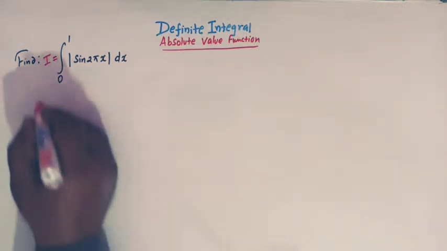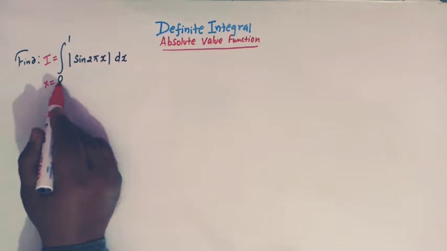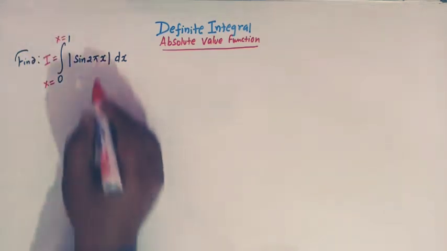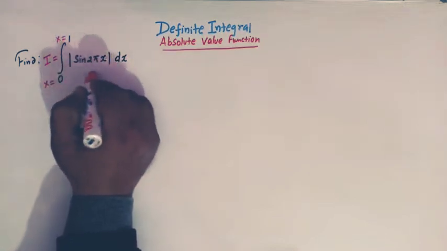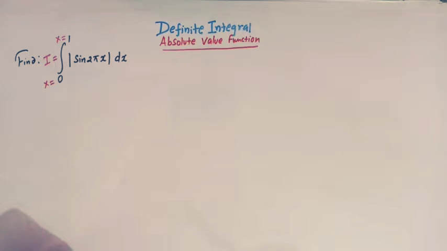And here we see that the value of x varies from 0 to 1. Now here our integrand is an absolute value function. So to evaluate this definite integral we have to make use of different concepts.